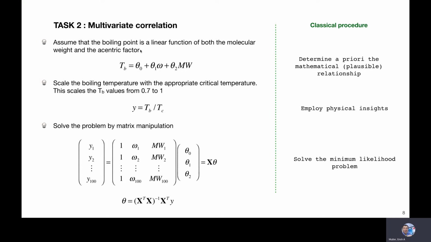The second thing that we do when we teach them is how to regularize the data. We see that from knowledge of physical chemistry, we can scale the boiling temperature with the appropriate critical temperature.